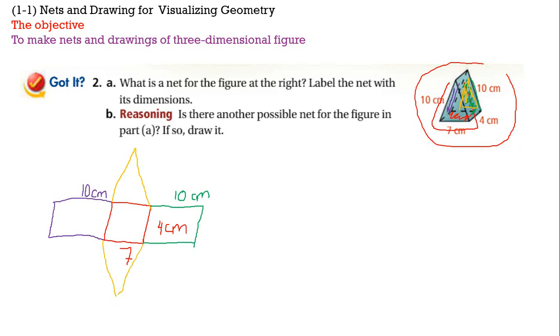Keep in mind, this side on this side, for sure this is also 10 centimeter. For sure this is 10 centimeter because it will be on this side, right? This side, it will be on this side, it will also be 10 centimeter for sure.